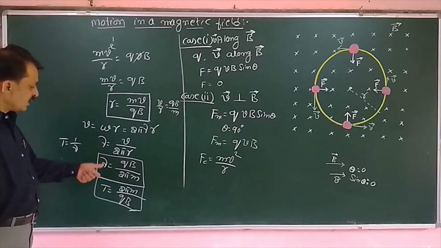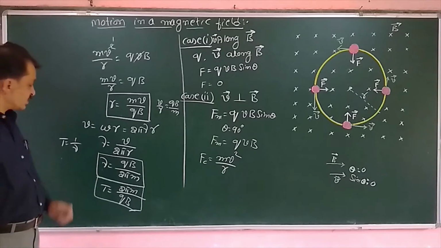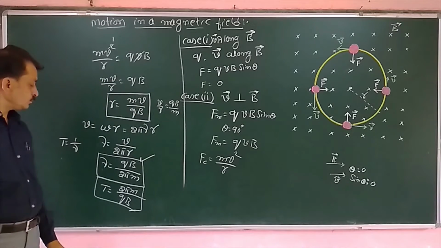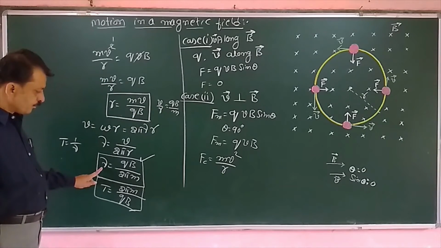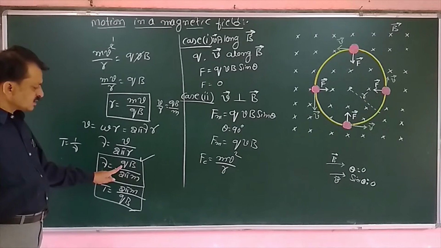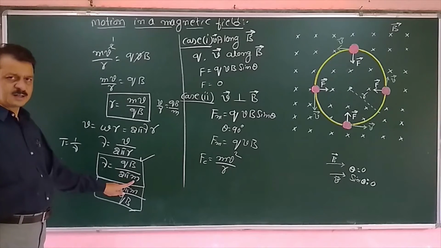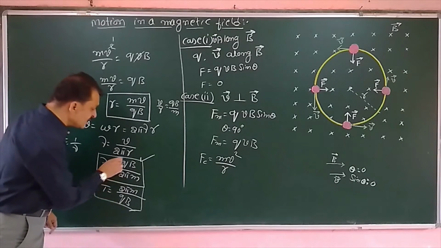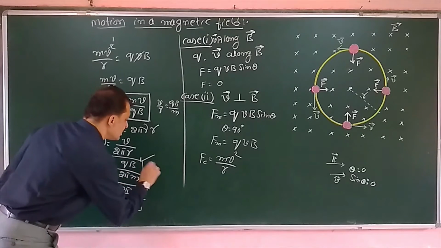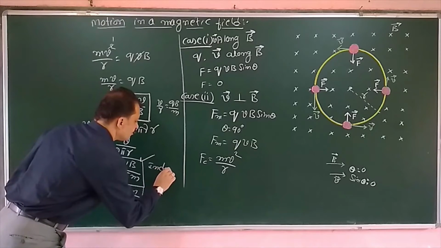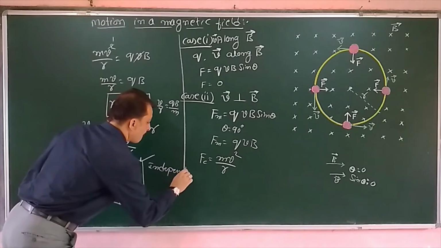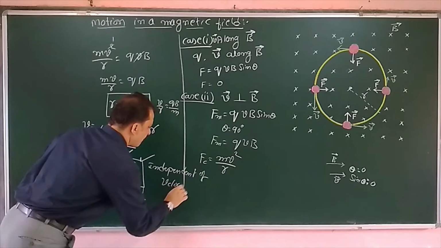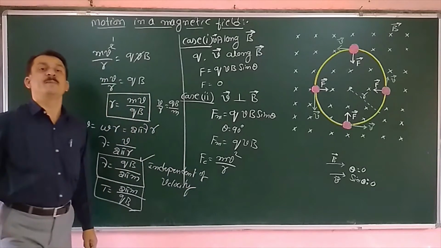Now these are the different relations. The important thing is here. The frequency depends on the charge, the mass of the particle and the applied external field. Here it is independent of velocity.